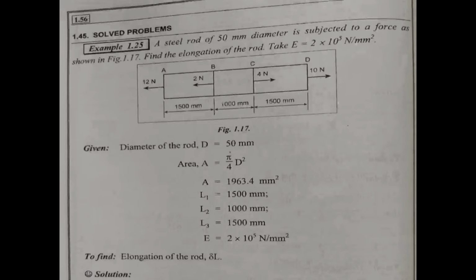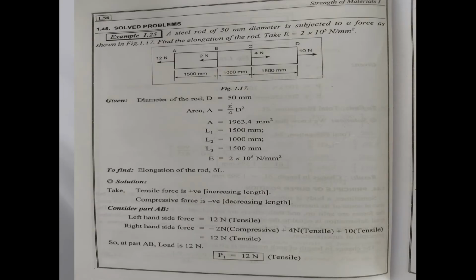First take part AB. In AB, first take the left hand side. On the left hand side there is only one load, 12 Newton. The load is tensile, so we take it as positive. So the left hand side force is 12 Newton. Then consider the right hand side.